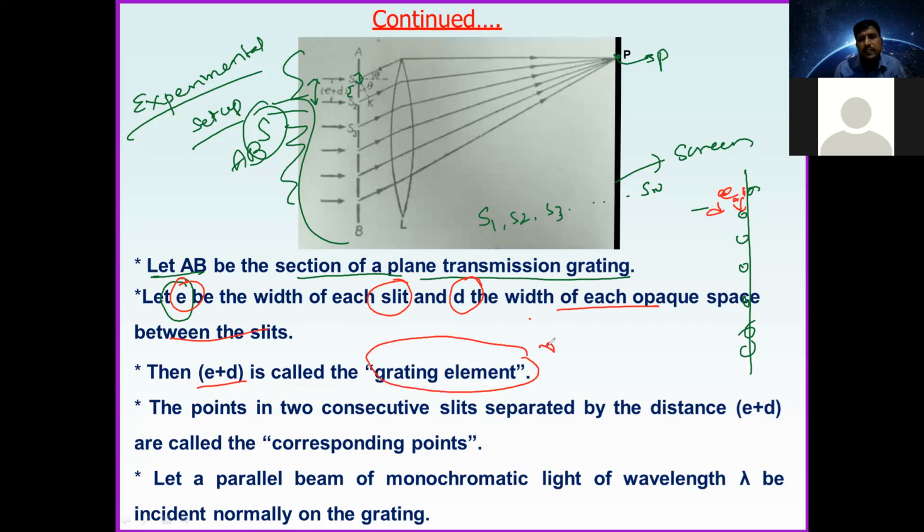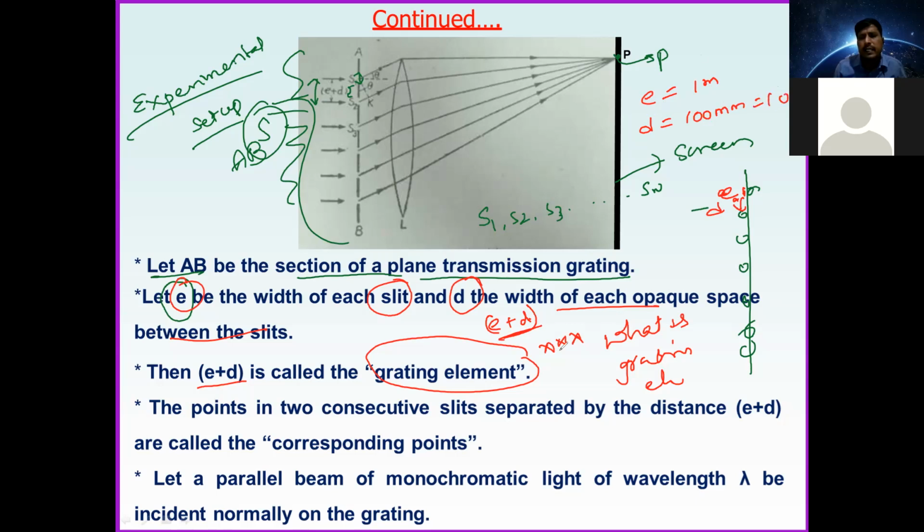E plus D is also called, what do you call it? It's an important point for competitive exams. What is the grating element? It is E plus D. They'll ask problems also. They'll give the E value as 1 millimeter and the D value as, let's say, 100 millimeters or 10 centimeters.